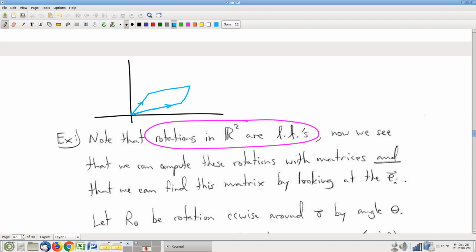What would happen if you just rotate the entire parallelogram? Let's rotate the whole thing. I'm not going to rotate it very much to make my picture not too complicated, but something like that. So I've rotated the whole blue parallelogram to give me the green parallelogram.